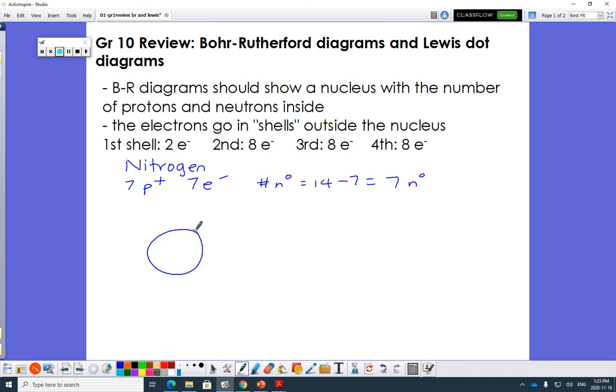Inside the nucleus should be protons and neutrons. Doesn't really matter which one you write first and which one you write second. Most people do the protons first because that's the easiest to figure out, but it doesn't matter.